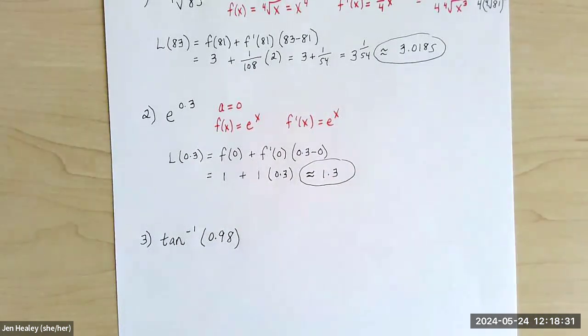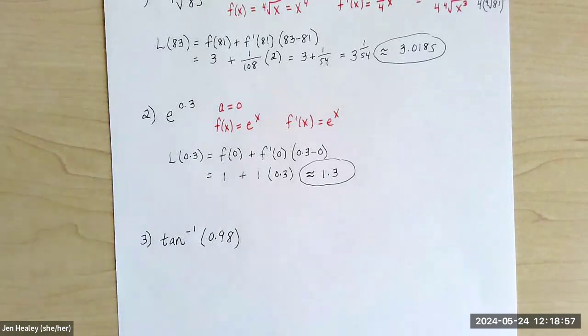Tan inverse of 0.98. But tan inverse of 1. Tangent is sine over the cosine. And so what is the one angle that is exactly the same for both? Pi over 4.